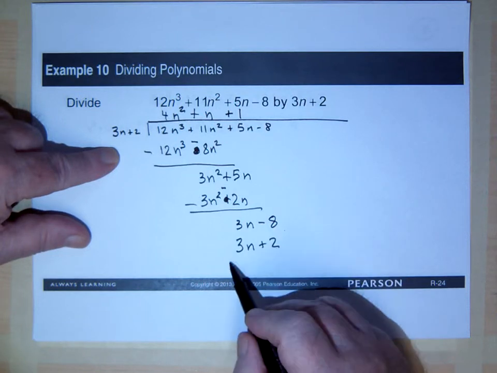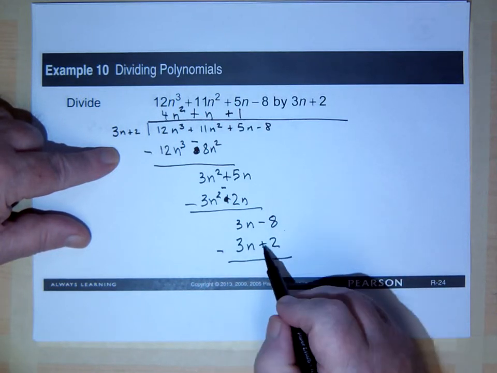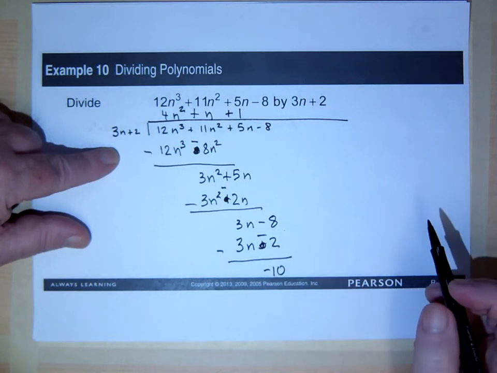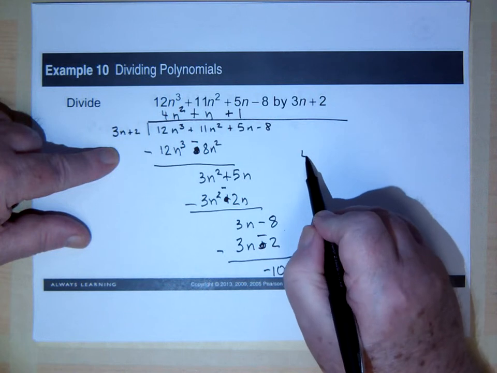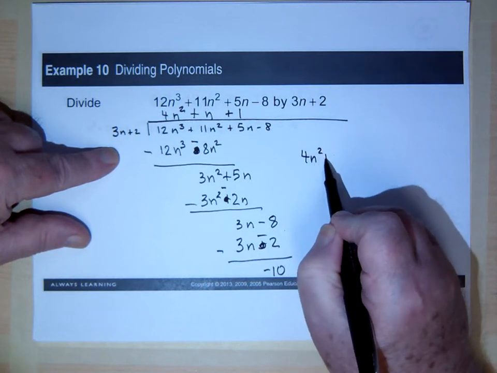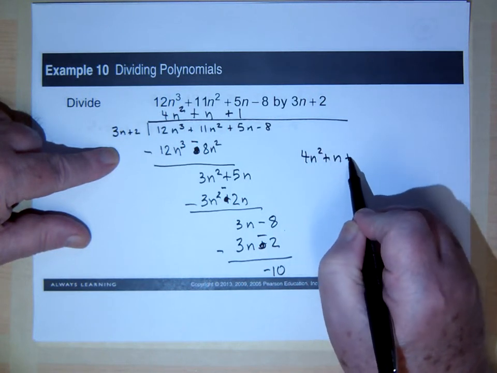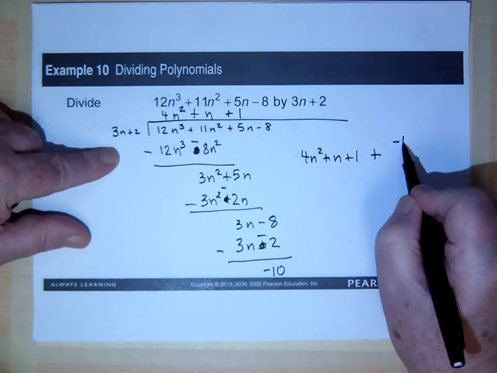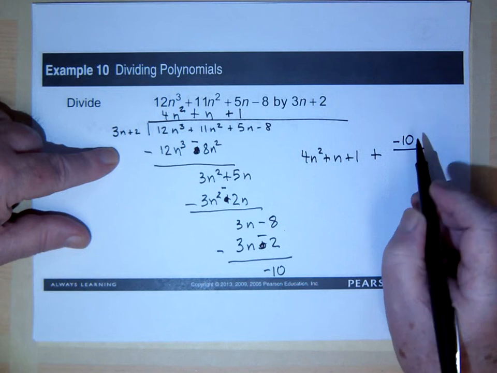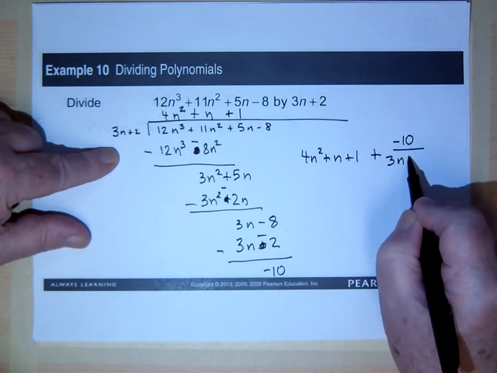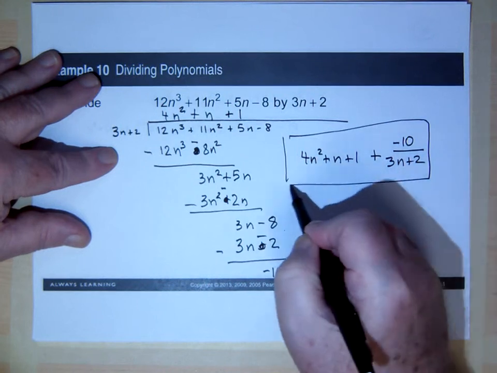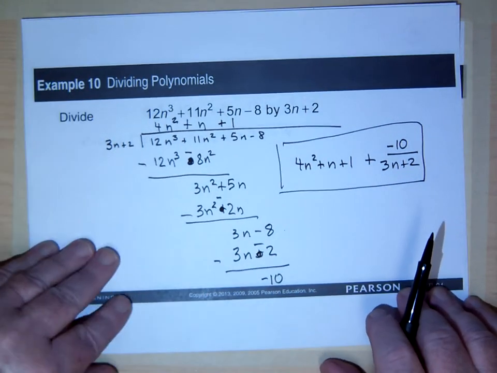I'm going to subtract and change the signs of the bottom numbers and add, get minus 10. So the answer to this problem is 4n squared plus n plus 1, and this is my remainder. And the remainder is written in this form over the divisor. So that is the way you can write the answer to that problem.